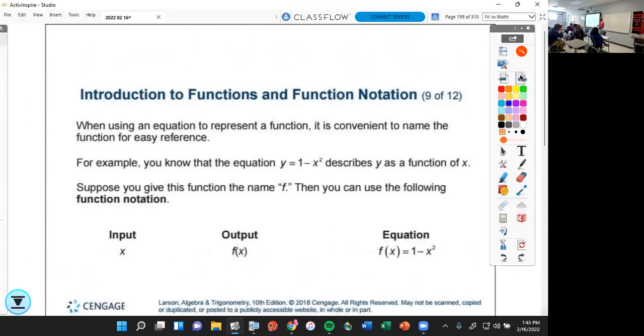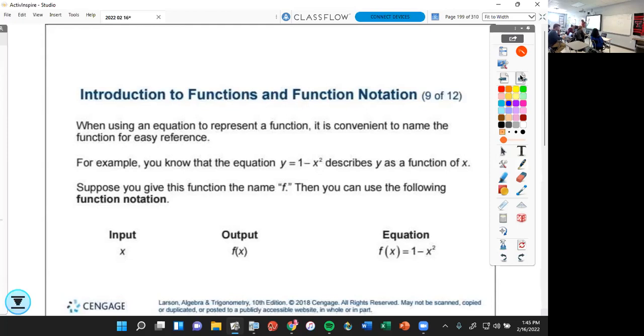When using equations to represent a function, it's convenient to name the function for easy reference. So instead of saying y equals 3x minus 7, which doesn't mean a whole lot, I can change that name, use f or g or something that makes sense. The example earlier was talking about interest depending on rate, correct?